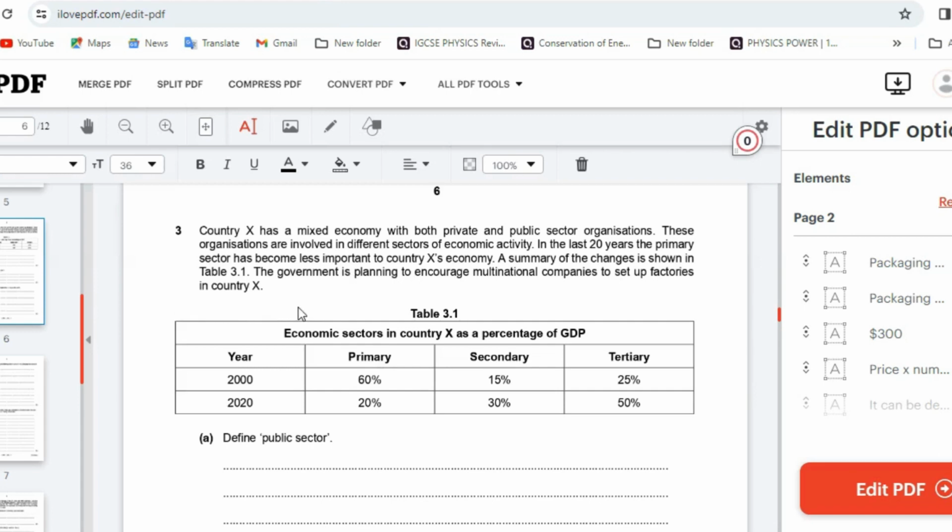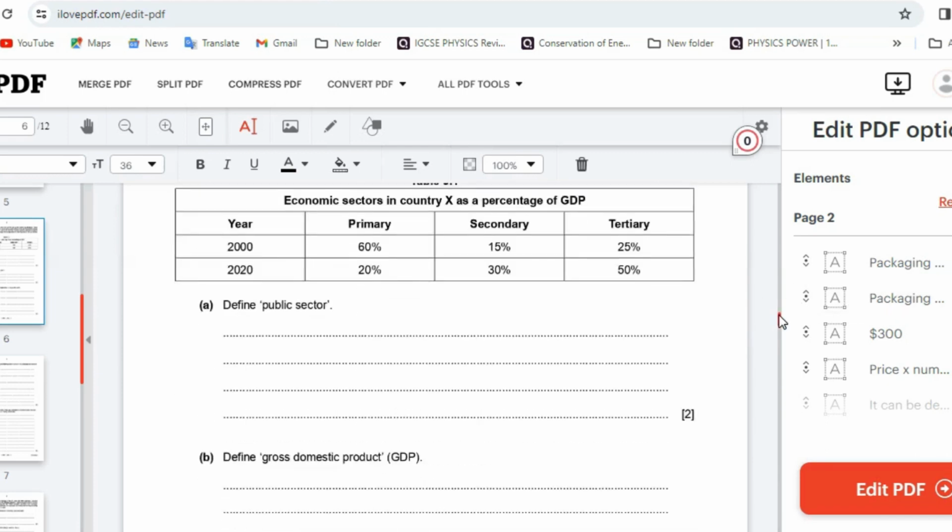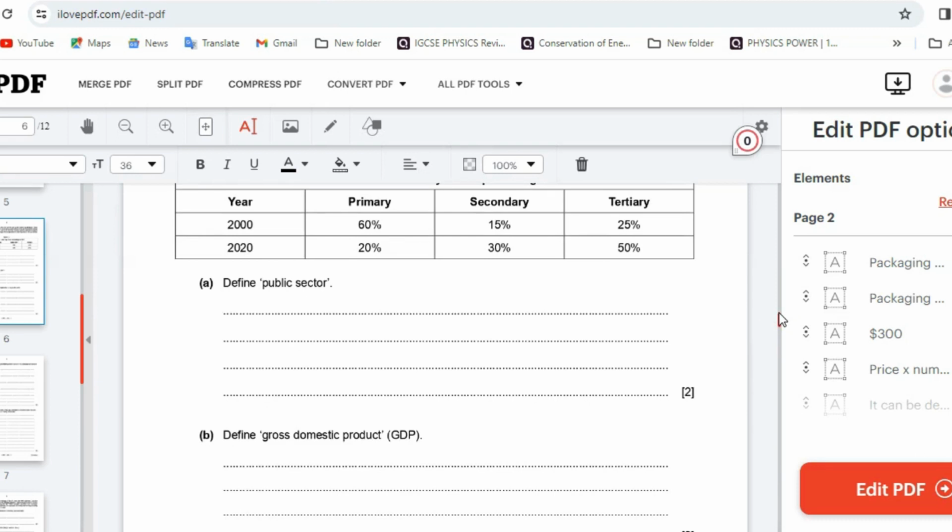Now using this appendix, the first question says we should define public sector. What do you understand by public sector? Of course, it's a simple definition that requires technique. Public sector is known as government owned business.